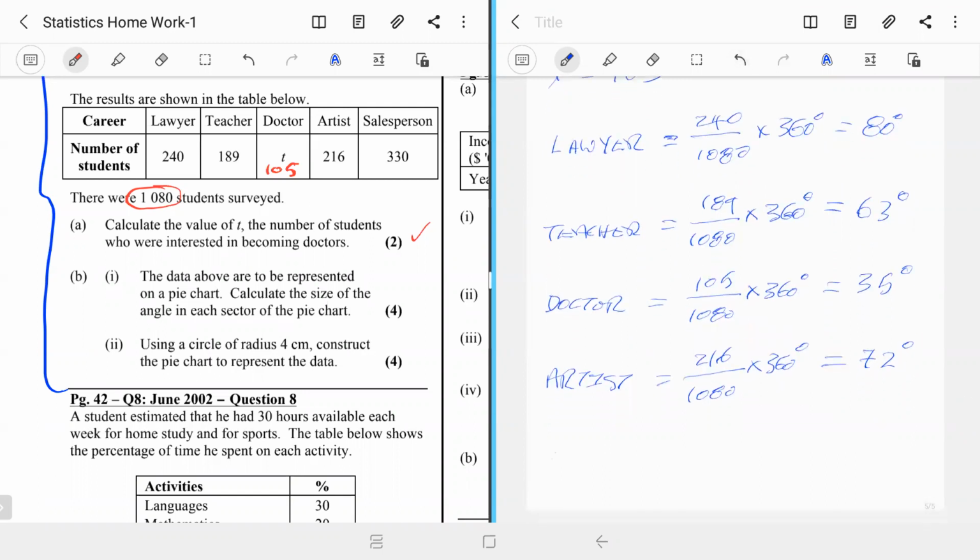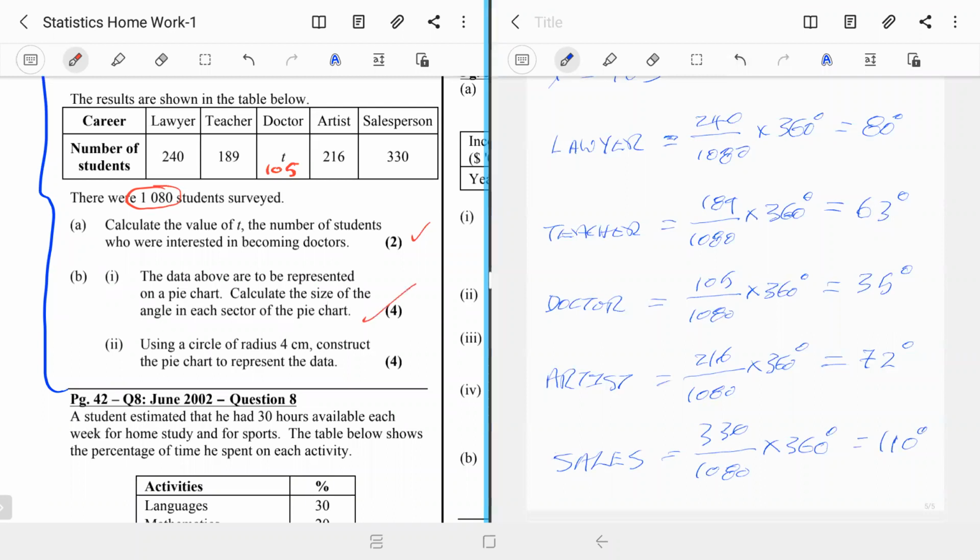The person going in sales is 330 divided by the 1080 multiplied by the total on the circle, 360 degrees. The sector angle for sales is going to be 110 degrees. So we have finished that part.